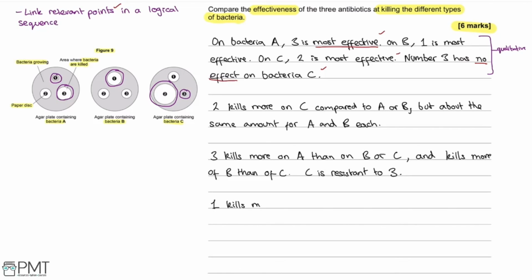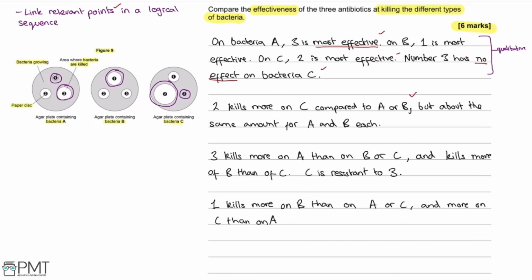And if you go to talk about number 1, you can say that 1 kills more on bacteria B, so that's the second agar plate along, than on A or C, and it kills more on C than it does on A. You can see that on the first agar plate with bacteria A, the white circle around number 1 is very, very small, whereas on bacteria plate C, it's got a slightly larger white circle.